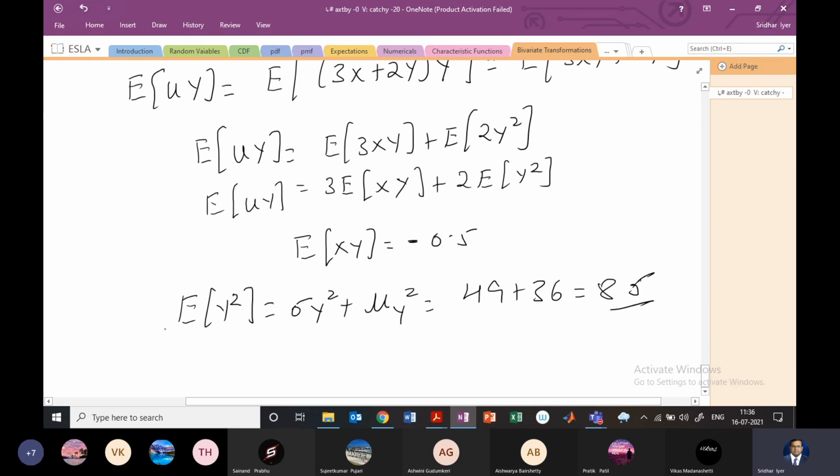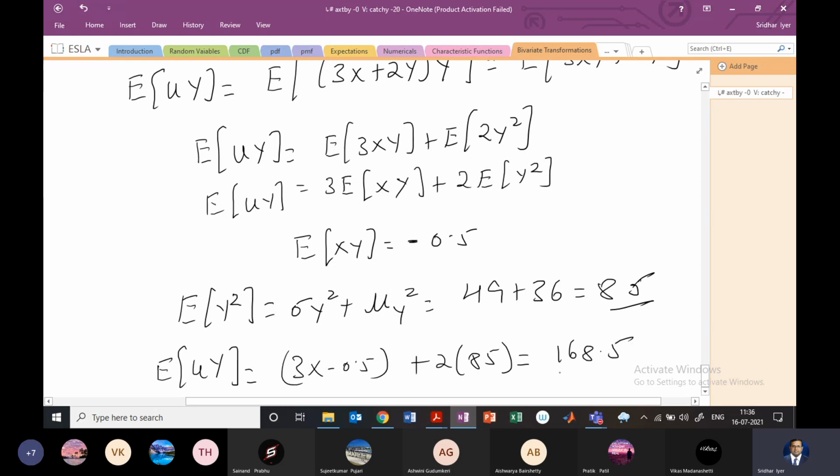Therefore, E of uy is 3 into negative 0.5 plus 2 into 85, which is 168.5. Check the answer with me.